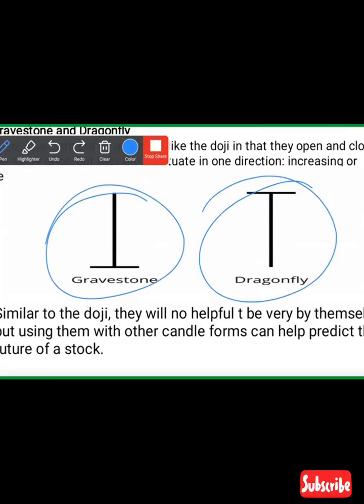In this case, price opens here in a bullish scenario, then went up, and all of a sudden comes back, bam, and closes here. So the same thing for this, price opens here, slows down for a while, and then goes back up.